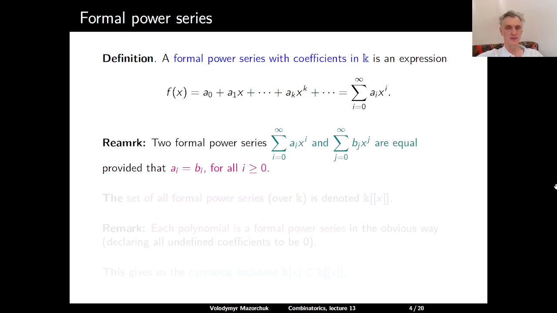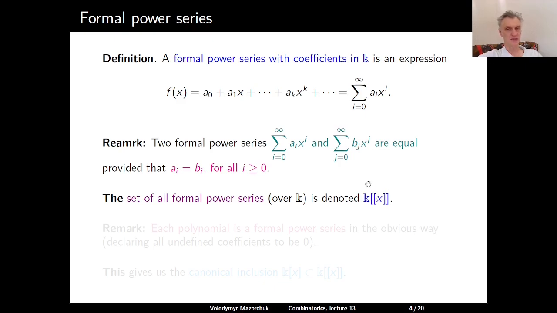Remark: two formal power series with coefficients ai and with coefficients bi are equal, provided that the corresponding coefficients are equal, provided that ai is equal to bi for all i greater than or equal to 0. And the set of all formal power series over k is denoted very similarly to the set of all polynomials, but with double brackets.